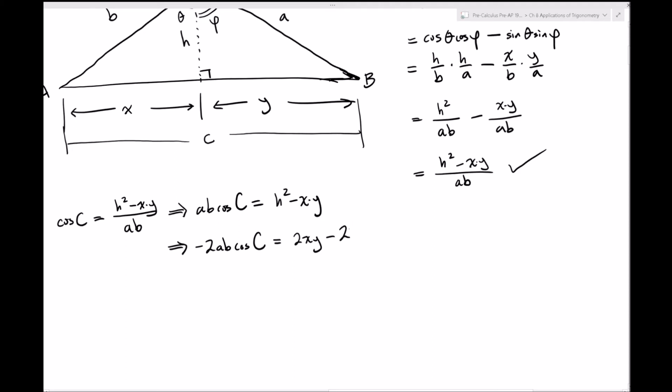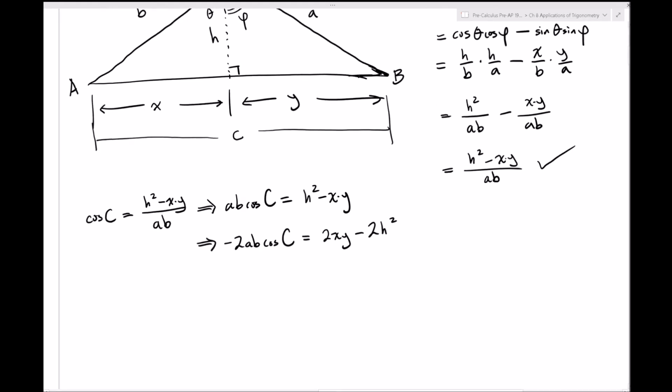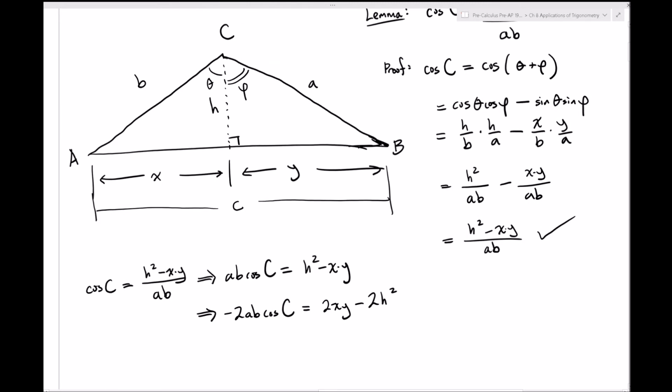I forgot the 2, 2h squared, and hopefully that's obvious. If you distribute a negative 2 into both h squared and negative xy, that becomes a negative 2h squared, and that becomes a positive 2xy, which I'm just writing first. So that's the first major implication of the lemma that we just proved.